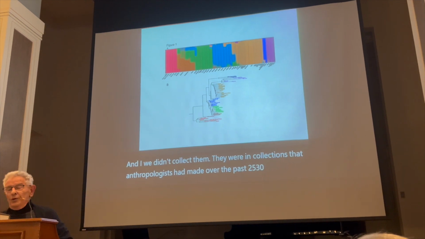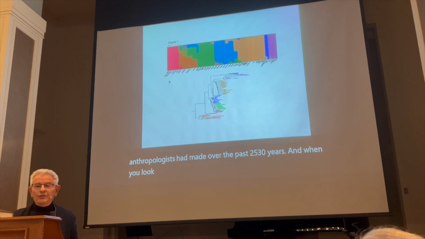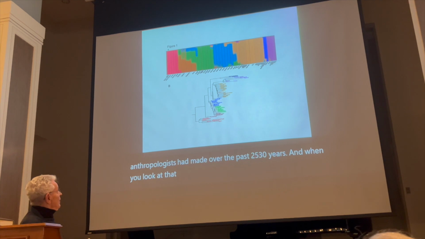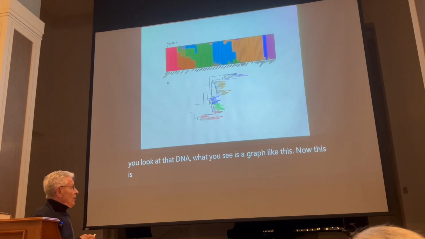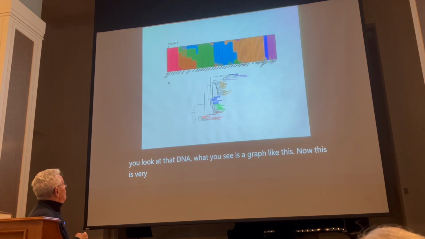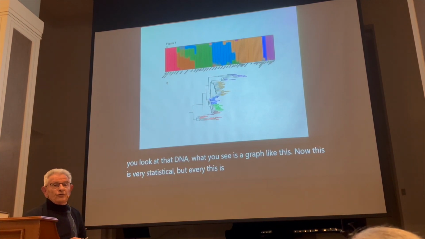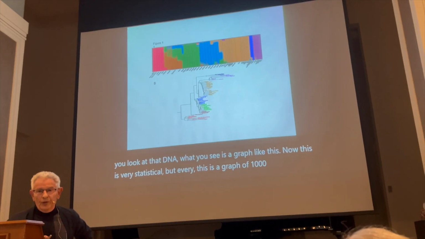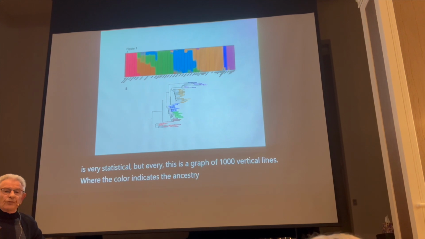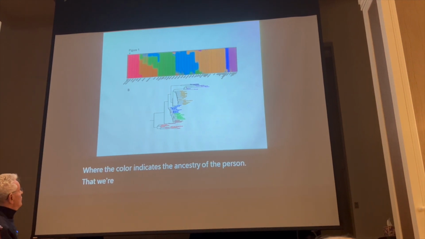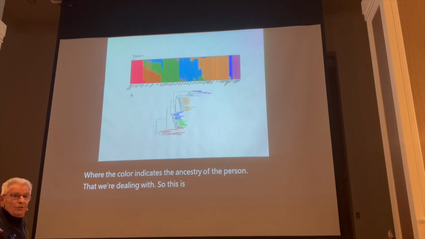And when you look at that DNA, what you see is a graph like this. Now this is very statistical, but this is a graph of 1,000 vertical lines where the color indicates the ancestry of the person that we're dealing with. So this is a graph of 1,000 people.